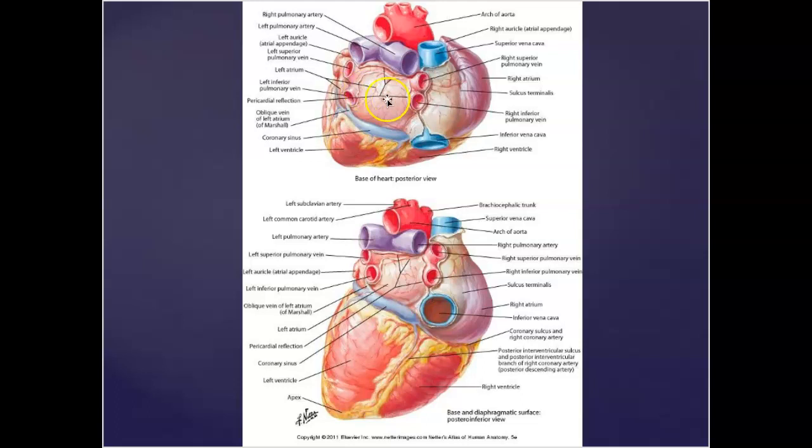Okay, so that's how we're going to open that up. And again, use a colander with some warm water in the sink to loosen up all that blood. If you can get rid of some of that dried blood and see the structures, that's going to make your life a lot easier here.